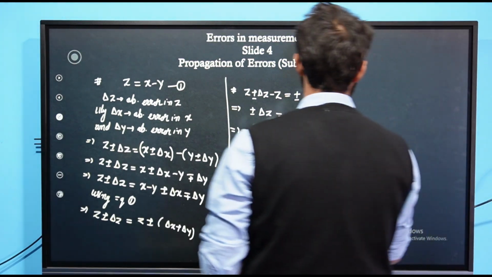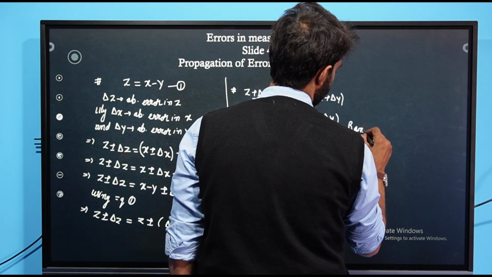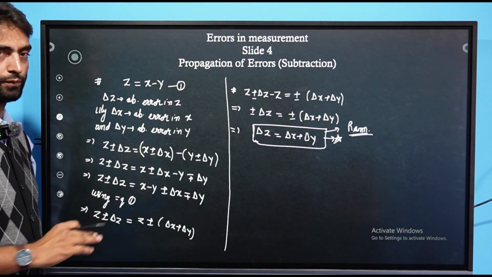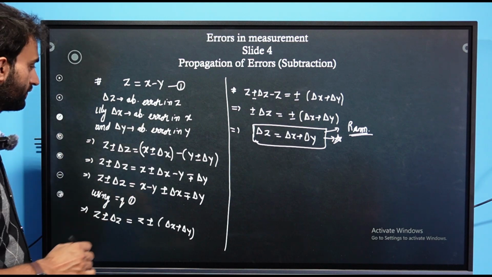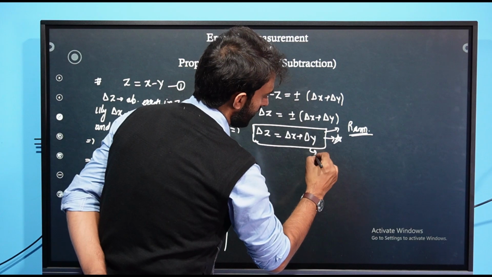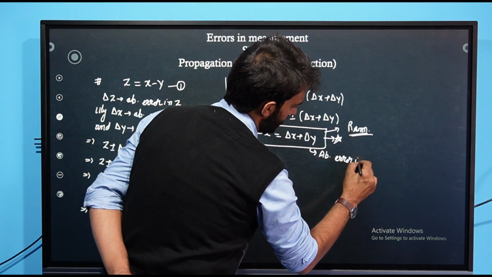So you have to remember this. Okay, so remember this part, because in case of subtraction also we have got positive sign, and in case of addition we have also got positive sign. So this is absolute error in z, no? Absolute error in z.